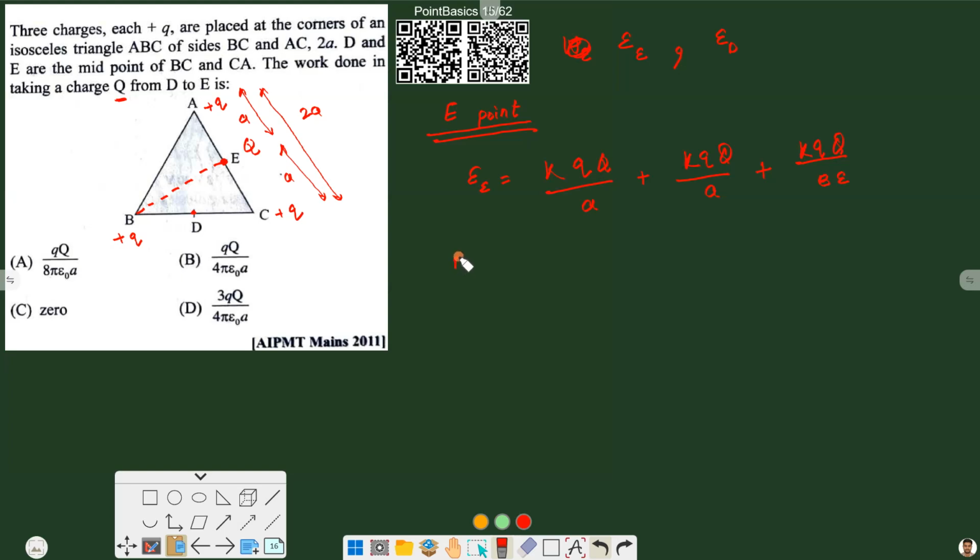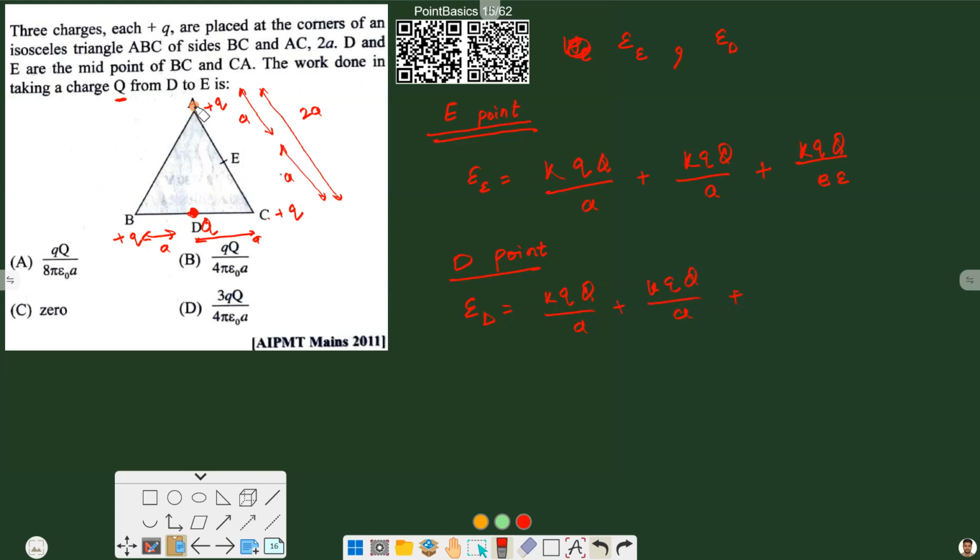Now for D point. Suppose now charge is at point D. Now charge is here. So energy at D point, this charge will have energy due to charge at C and due to charge at B, and again these distances are equal to A. So same terms will be there, plus due to both of these charges.